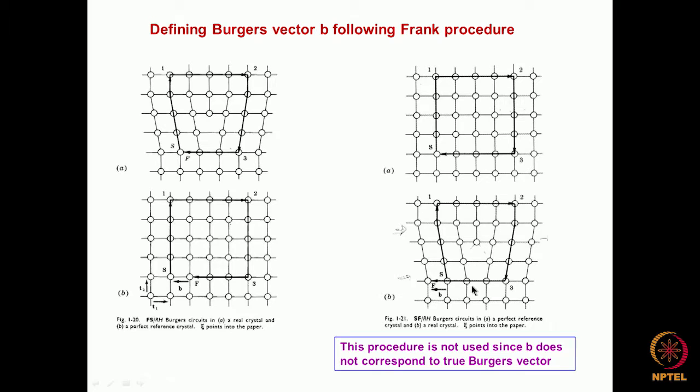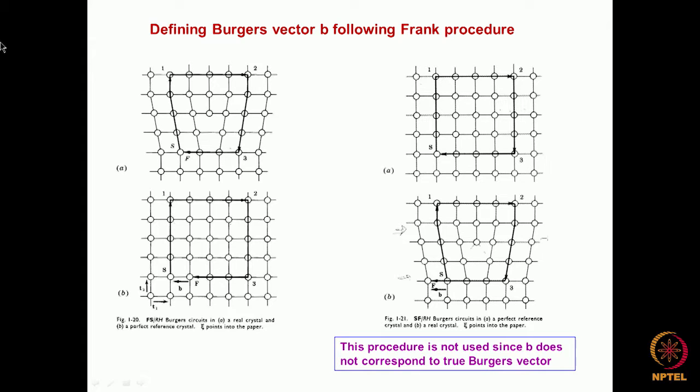In this definition, the Burgers vector is defined from the start to finish. But normally we do not use that, because suppose I start from here and try to come back, from here to here, near the core the atoms are displaced from their lattice sites, correct? So it is not a perfect value of the lattice translation vector, which could be slightly different. So if you use this convention to measure the Burgers vector, it may not be a lattice translation vector, so this convention is never used.